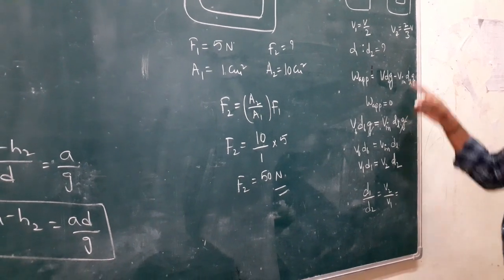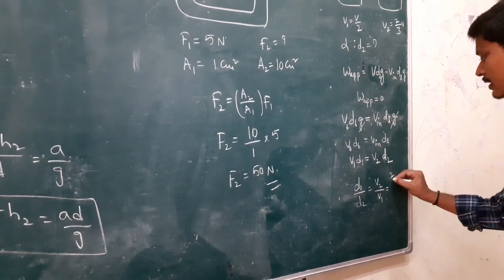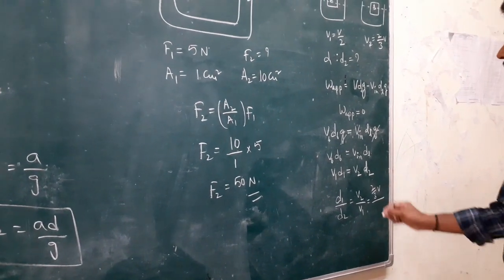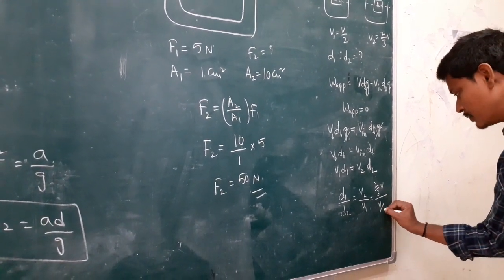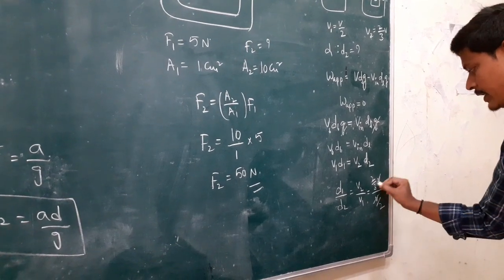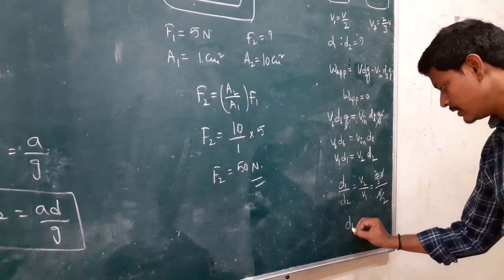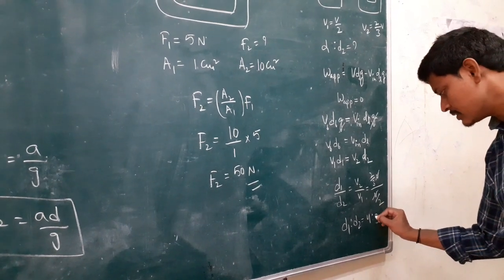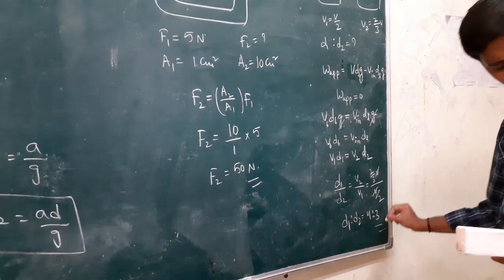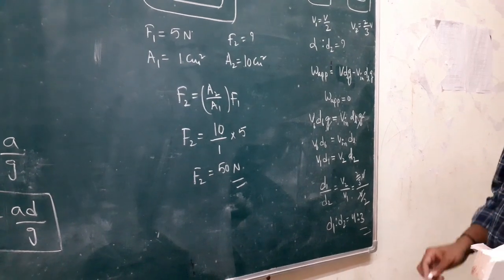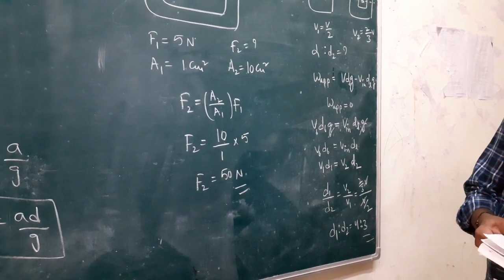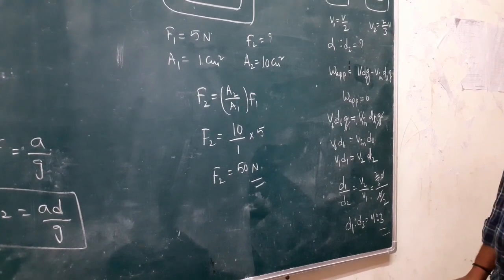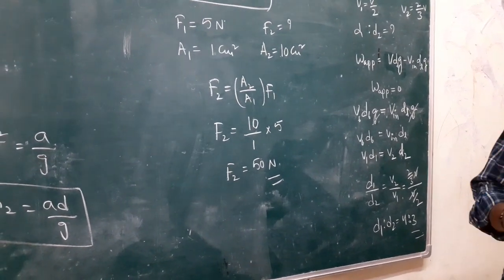V2 is equal to 2 by 3 of V, divided by V by 2. Therefore V gets cancelled. Then D1 is to D2 is equal to 4 is to 3. So this is the ratio of the densities.